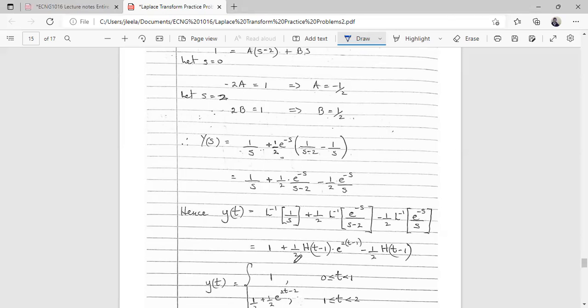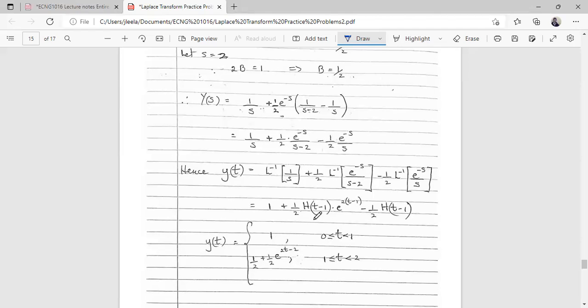So the first one here, the Laplace inverse of 1 over s, is 1, plus a half the Heaviside function h(t minus 1) e to the 2 into t minus 1, and then minus a half h(t minus 1). Right, so anytime t is between 0 and 1, this will be 0, and this will be 0.